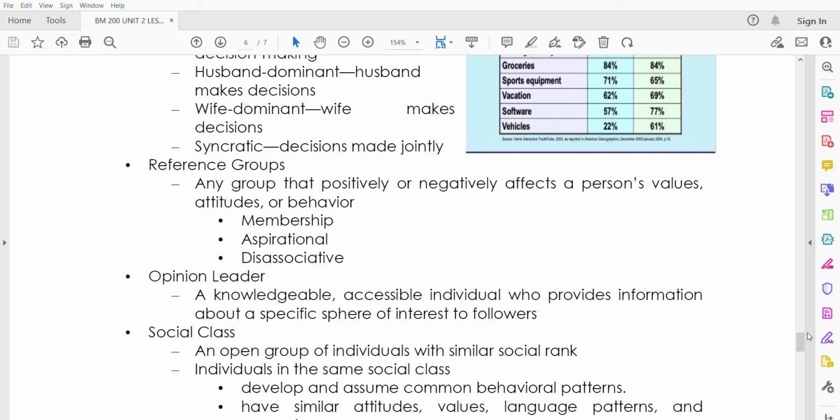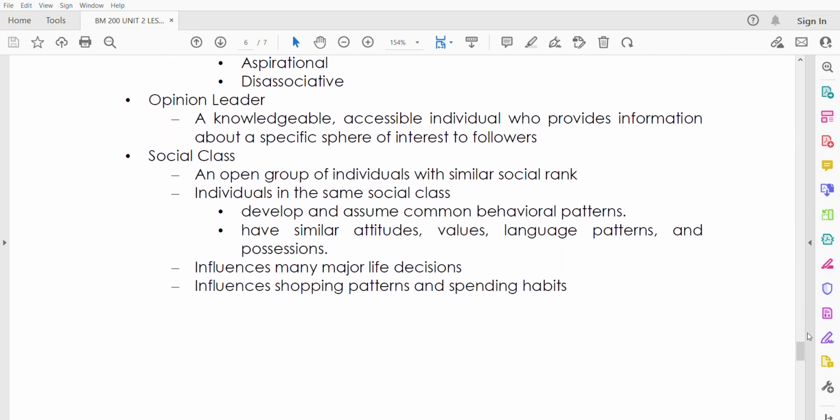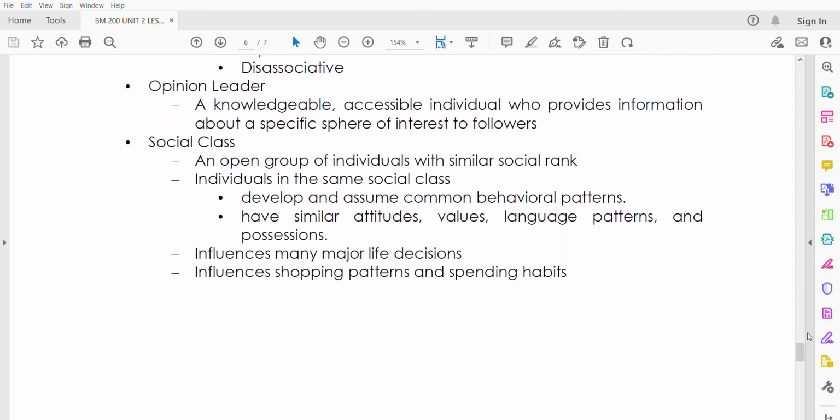They have a wide range of knowledge about certain products, and then they like sharing it to other people, thus influencing their buying decisions. Then, social class. So, this is an open group of individuals with similar social rank. So, individuals in the same social class develop and assume common behavioral patterns.